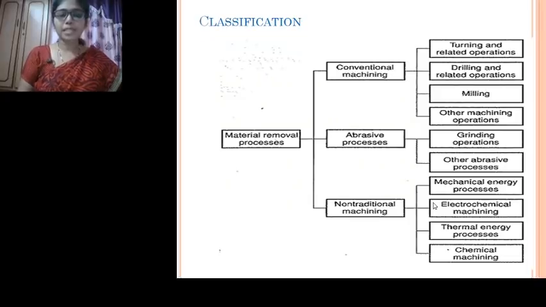Coming to the classification of this material removal process, these are classified into conventional machining and unconventional machining. Conventional machining is a process in which a hard tool is used to get the material removal.